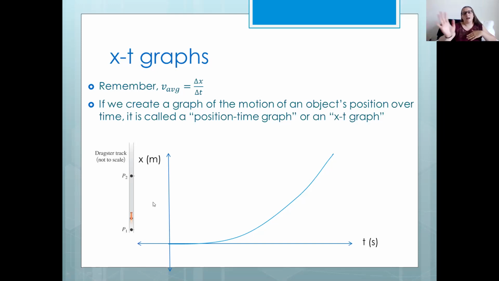It takes a little bit of time to speed up or accelerate off of the starting line. So at the beginning, it doesn't cover very much distance per second. But as it speeds up more and more, as time goes on, it can cover more distance every second. And so we see a graph of its position looking like a nice, smooth curve.